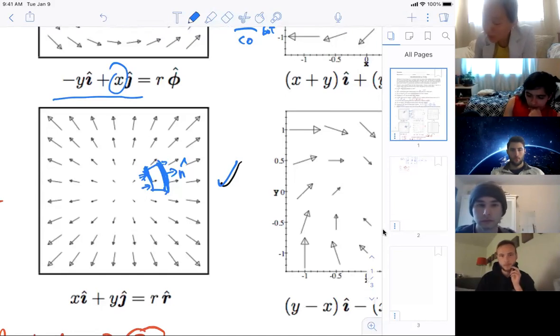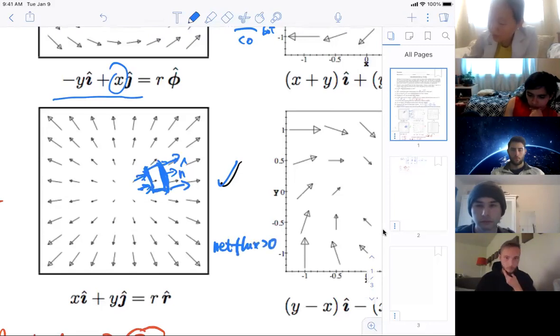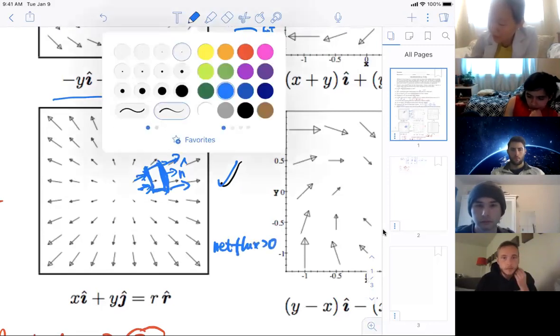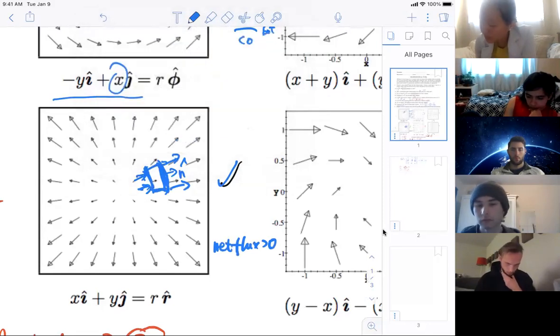So if you draw a donut-shaped surface to look at, you have some flux coming in and some leaving, and more flux leaving than entering gives you a net flux larger than zero. So conceptually, we conclude the divergence of this field must be larger than zero.